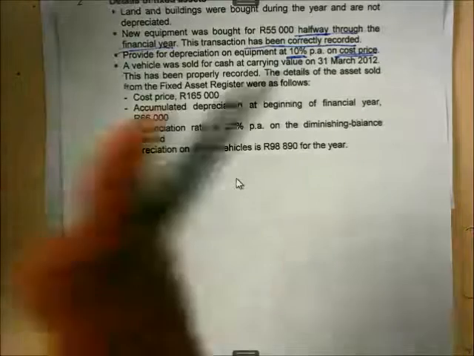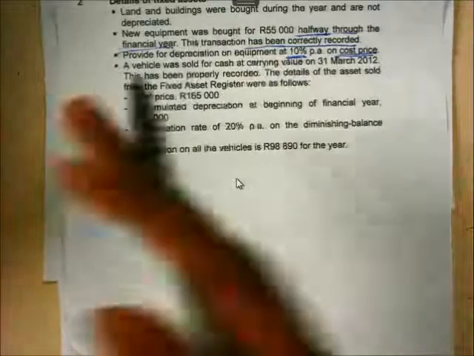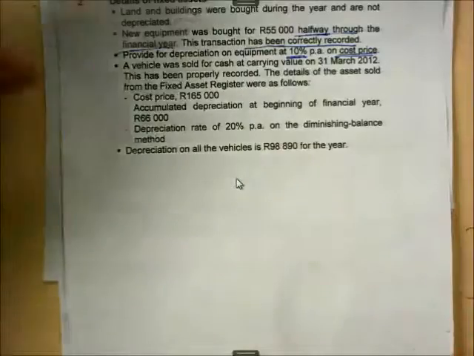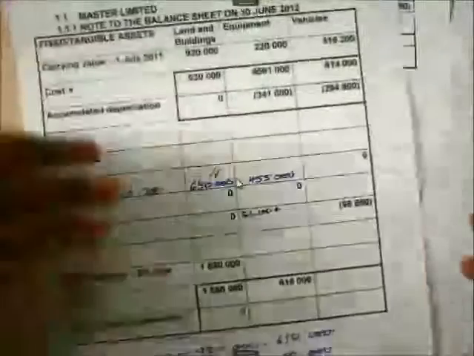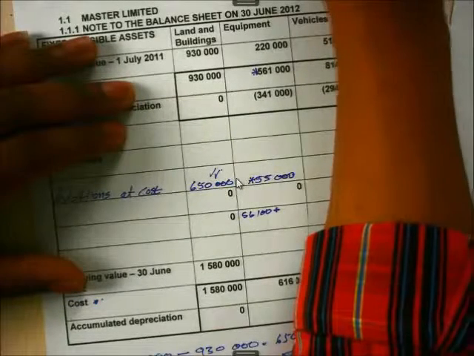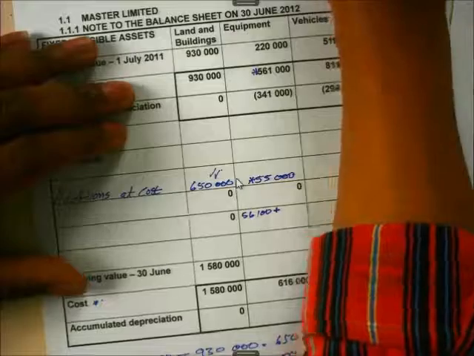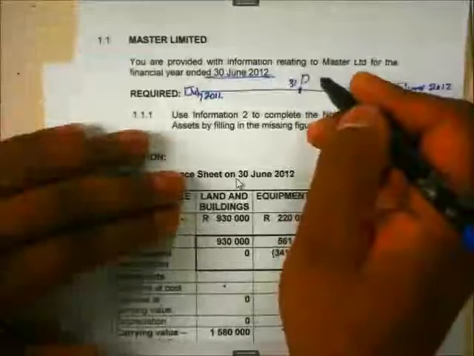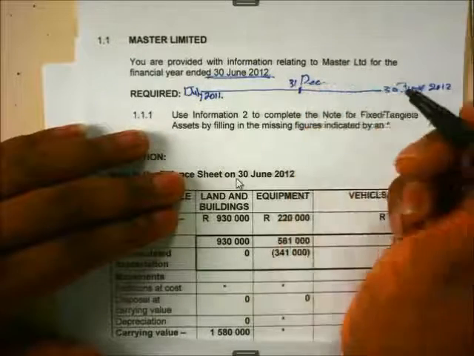A year consists of 12 months, and halfway through the year would be 6 months, which means the equipment was bought on 31 December 2011.